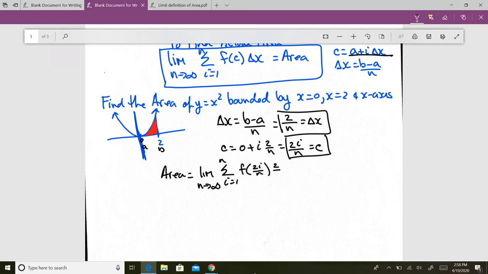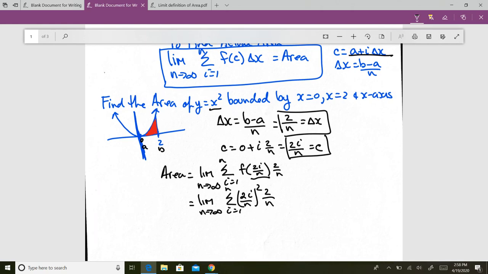Delta x is 2 over n. So now it's just algebra. This bit goes into your function, which is x squared. So it's 2i over n all squared, times 2 over n.